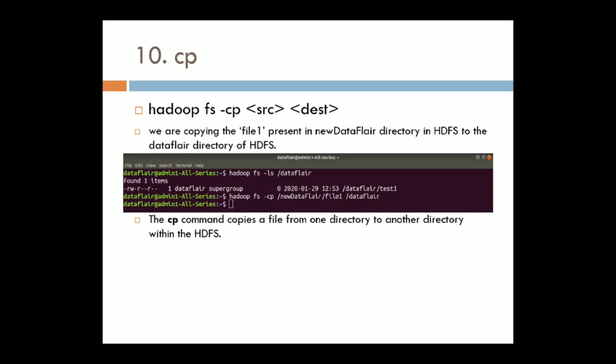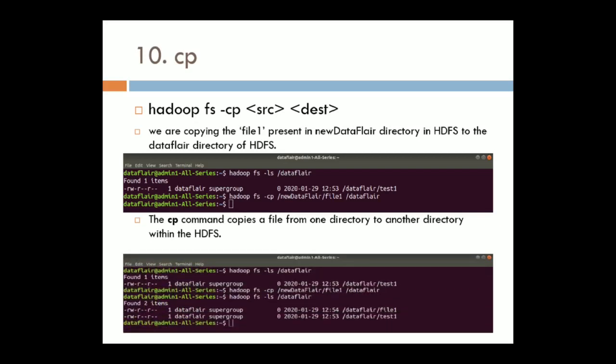Now I am copying from new dataflare, which is my source, file1 to the dataflare. The cp command copies a file from one directory to another directory within HDFS. Now once again you check. There was no problem. It was still having file1.